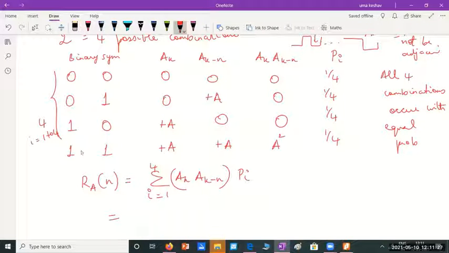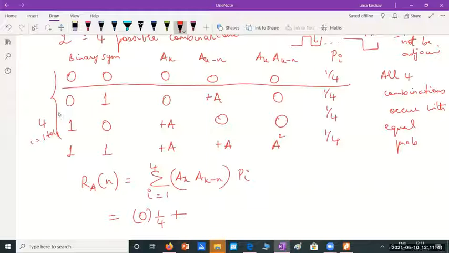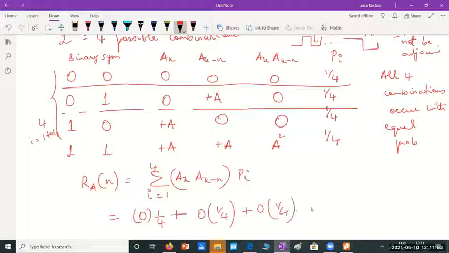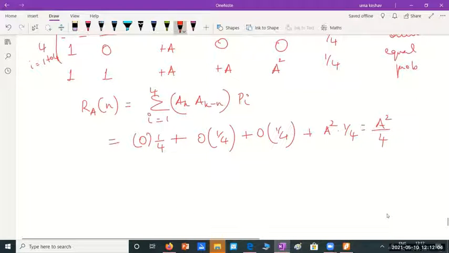Go on substituting for each combination. The first combination is 0. The product is 0, and even if I multiply with 1 by 4, it will be 0. The second combination, again the product AK into AK minus N is 0 into 1 by 4. Third combination is also 0 into 1 by 4. Last combination is A square into 1 by 4. So I get the ACR value as A square by 4.